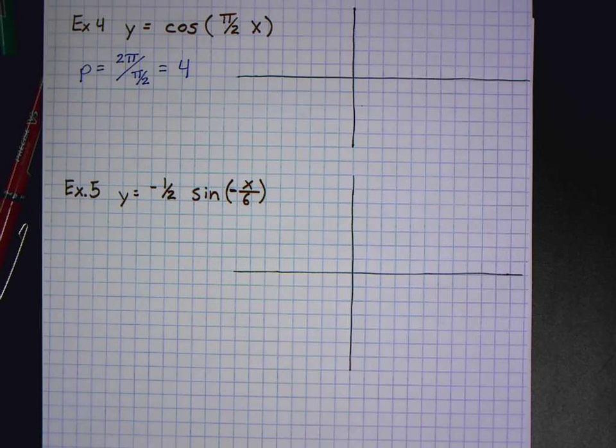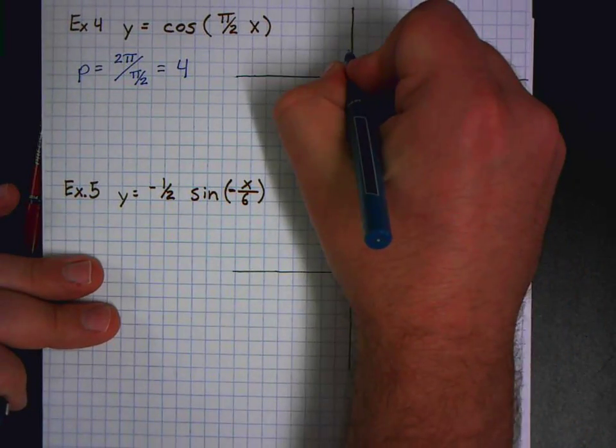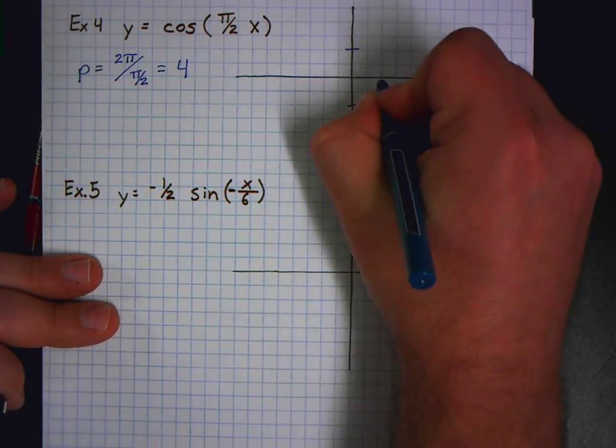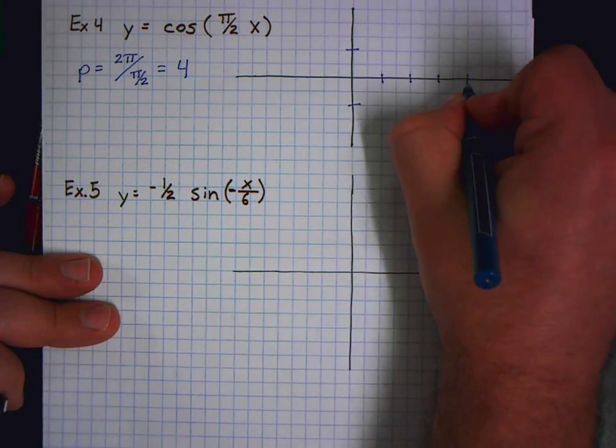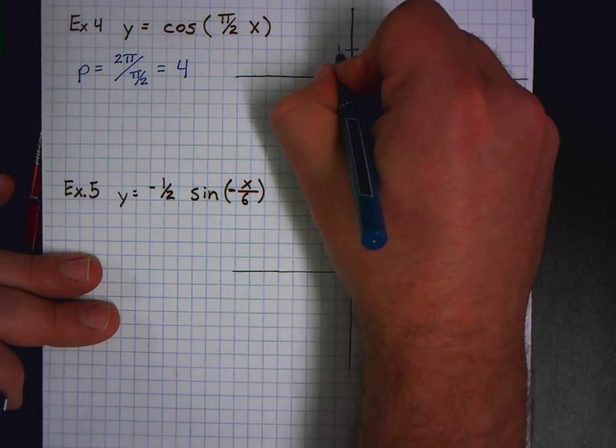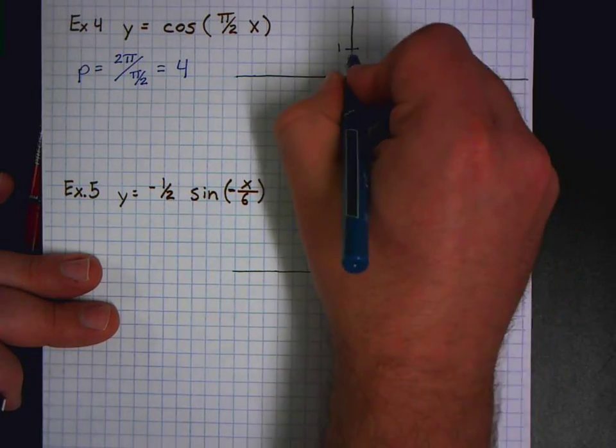What we do is this. Before I label my marks at all, I'm going to graph. Let's see. Cosine looks like this: 1, -1.